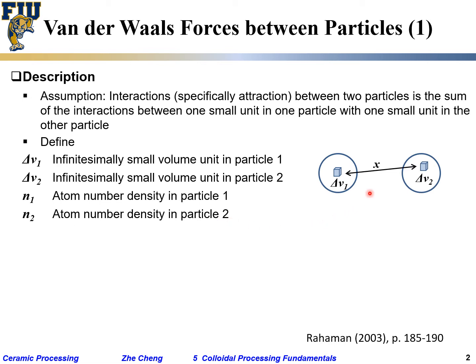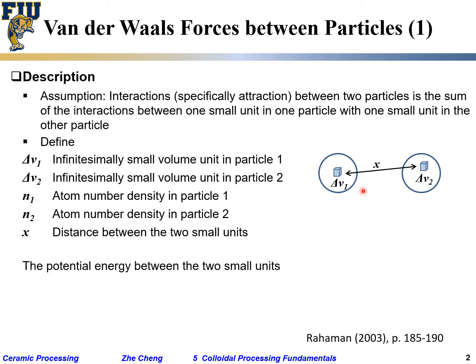And if we define the distance between the small unit that we choose in particle 1 and the small unit that we choose in particle 2 as x, then the potential energy between these two small units, not the two big particles, but the two small units, we can write as something like this: a constant over the distance.